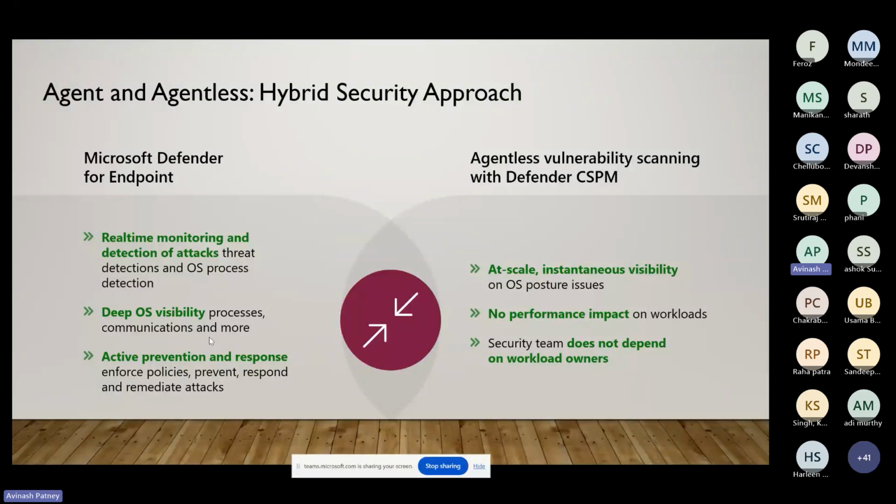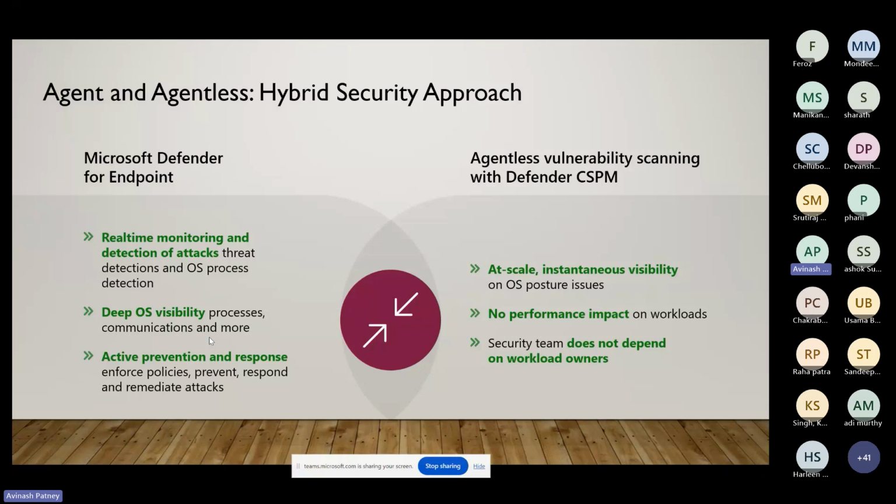The agentless vulnerability scanning with Defender CSPM, again, is at scale, instantly available on OS posture issues, with no performance impact on workloads. This also comes up in conversations: what impact may there be on workloads, because we're running so many analyses across those workloads?